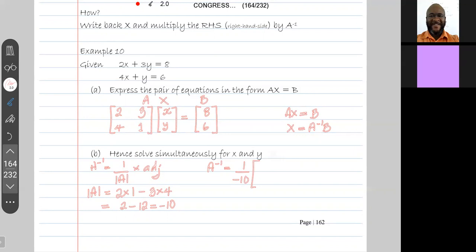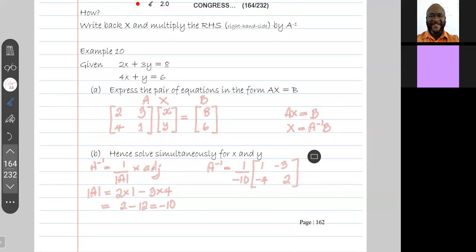I'm going to switch around the leading diagonal elements, the 1 and the 2. So 1 goes here, 2 goes here. The 3 and the 4 stay where they are, but their signs change to minus 3 and minus 4. So this is like the matrix A inverse.